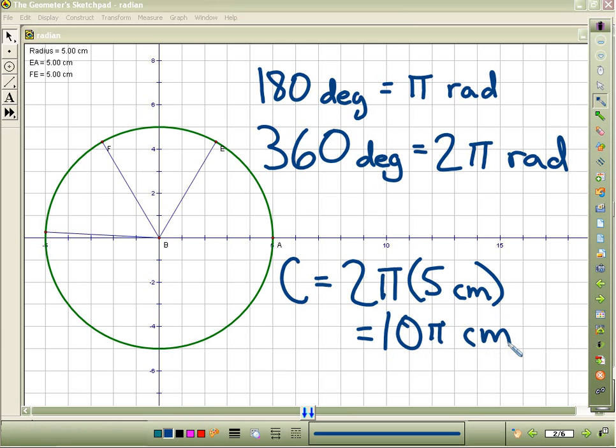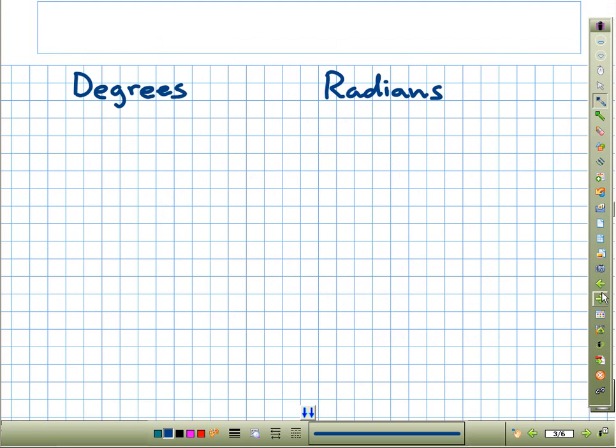So if you take how many radius length segments there are on a circle, multiply it by the length of one of those, you get the circumference. That's why the circumference is 2 pi r. Everybody see that? Now we're going to find that working with these radians is very handy when we're dealing with circles.